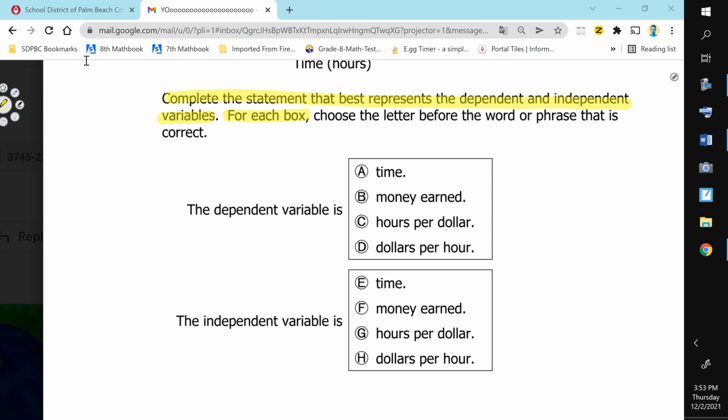For each box, choose a letter before the word or phrase that is correct. The dependent variable is time, money earned, hours per dollar, or dollars per hour. The independent variable is time, money earned, hours per dollar, or dollars per hour. You're only going to choose one answer for each box.